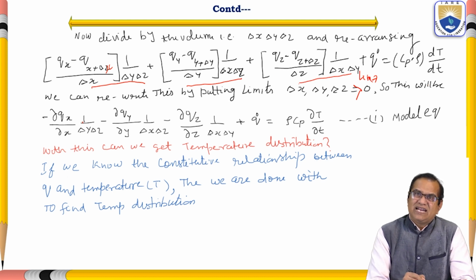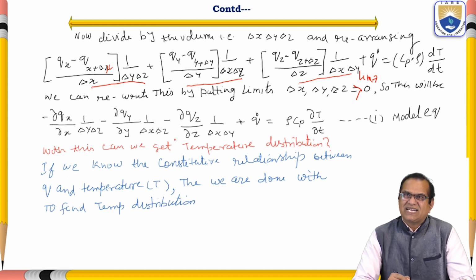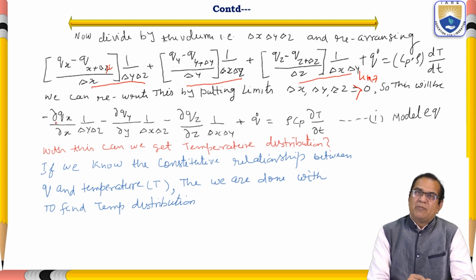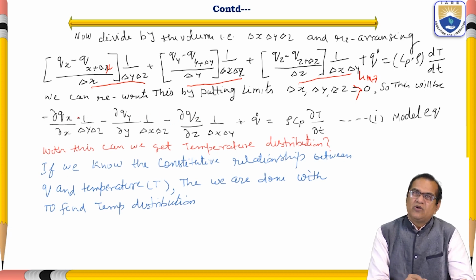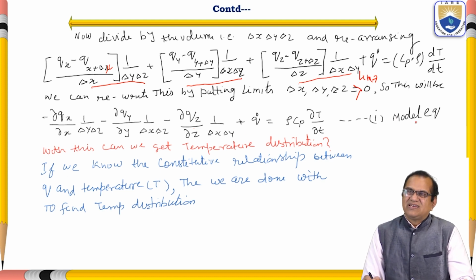So here we can write del Qx by del x, 1 by delta y delta z, minus del Qy by del y, 1 by delta x delta z, minus del Qz by del z, 1 by delta x delta y, plus Q dot is equal to rho Cp del T by del t. Here we put minus because it is the reducing side. The heat is reducing, so we have put the minus here. So this is the model equation for this heat transfer.